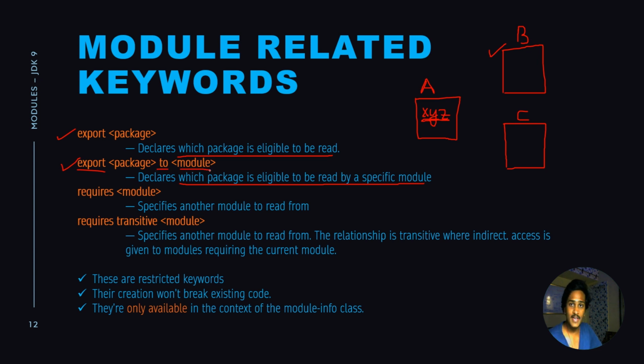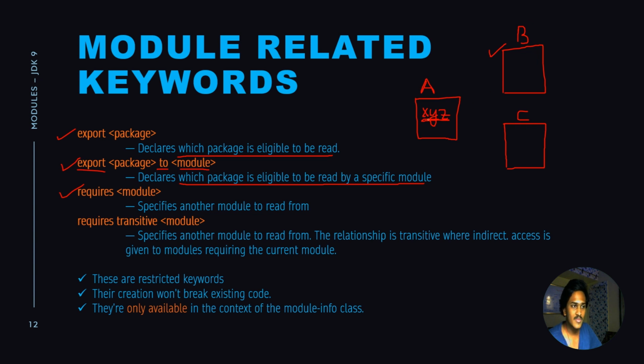Then another very important keyword, which is requires module. It specifies the dependency of the other module, so that all the packages declared within it can be accessed by this particular module B. Let's say I have this module B and it wants to access package XYZ.